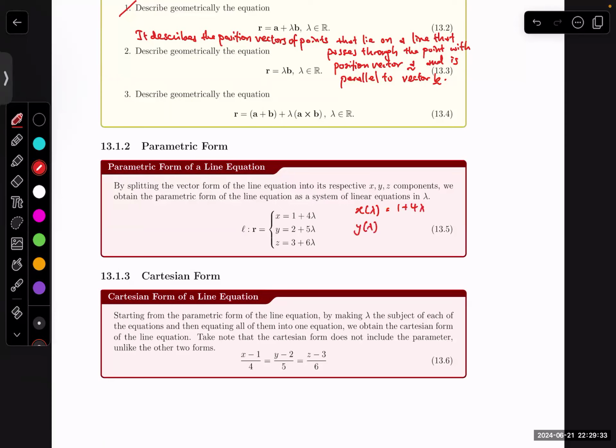Y in terms of lambda is 2 plus 5 lambda. We have z as a function of lambda, which is 3 plus 6 lambda. Okay, parametric equations. And as I've mentioned, lambda is a parameter. It's like the input, a third party, or in this case, I guess fourth party variable that we use to slide along the line to choose which point we are talking about.